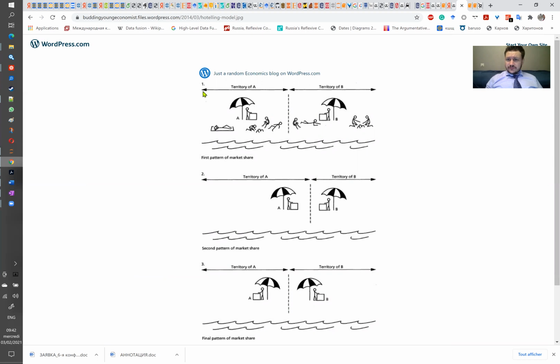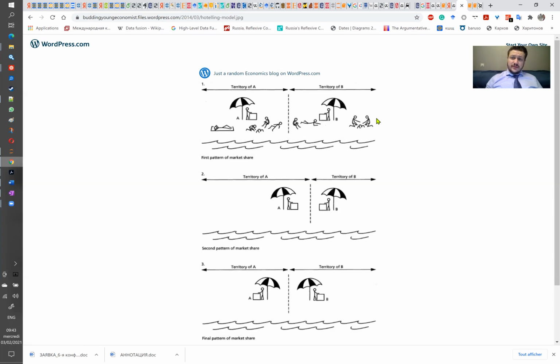So we have an interval from 0 to 1, and we have two sellers, the first one and the second one. The position of the seller is a point, like 0.1 or 0.7. It's not two-dimensional, it's just one-dimensional. And there are a lot of customers.